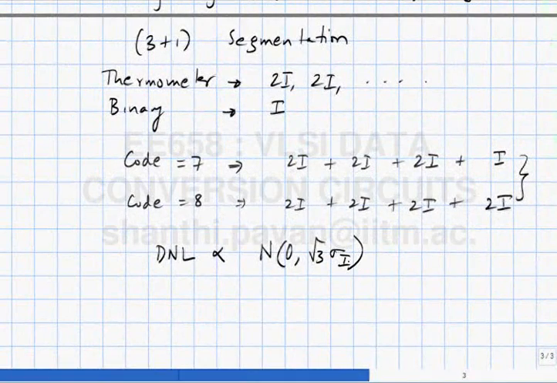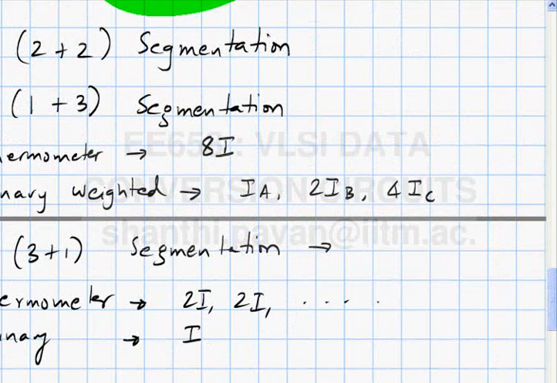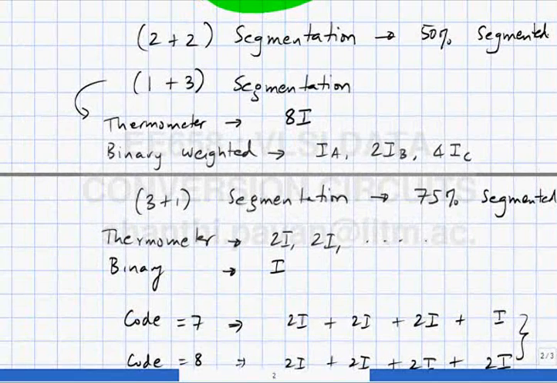You can think of this as a 75% segmented design, and this as a 50% segmented design. As you can see from this example, the closer the segmentation gets to 100%, the more the benefits accrue.